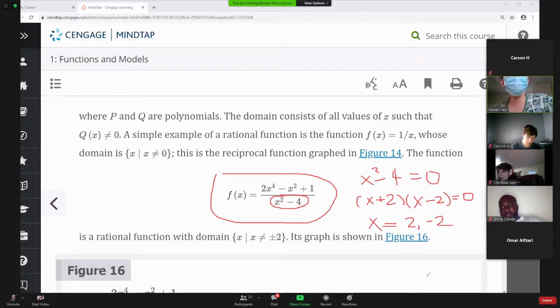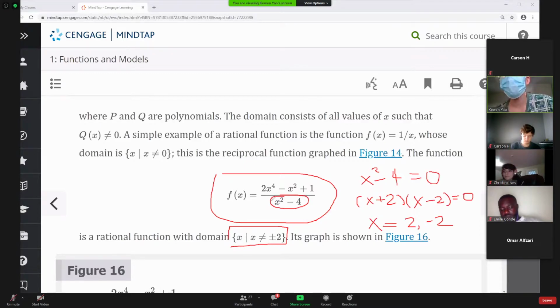So therefore, look at that. It's a rational function with domain: all real numbers x except 2 or negative 2. So x cannot be equal to 2, x cannot be equal to negative 2. Every other number is fine except these two numbers. Why?